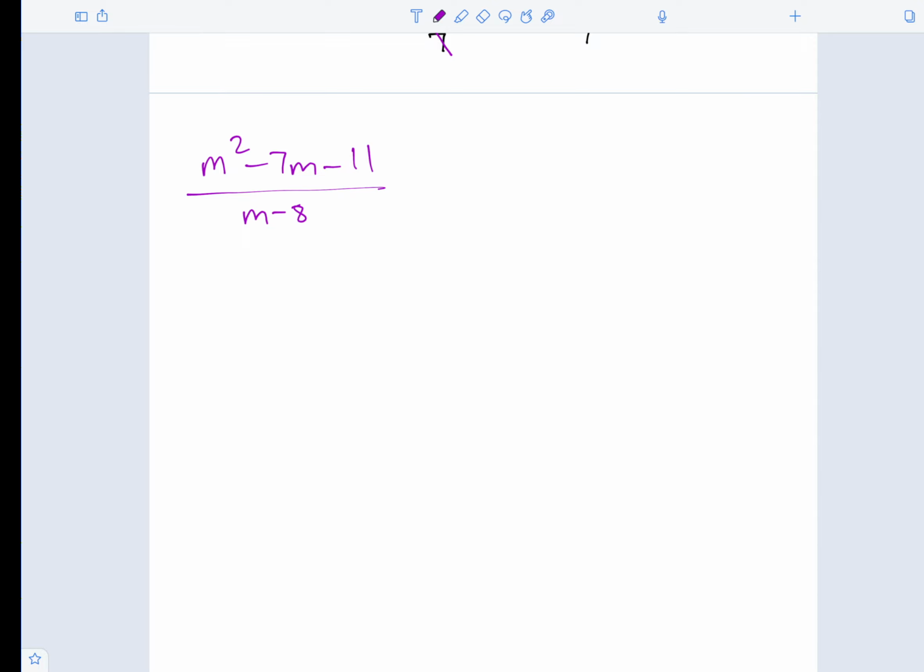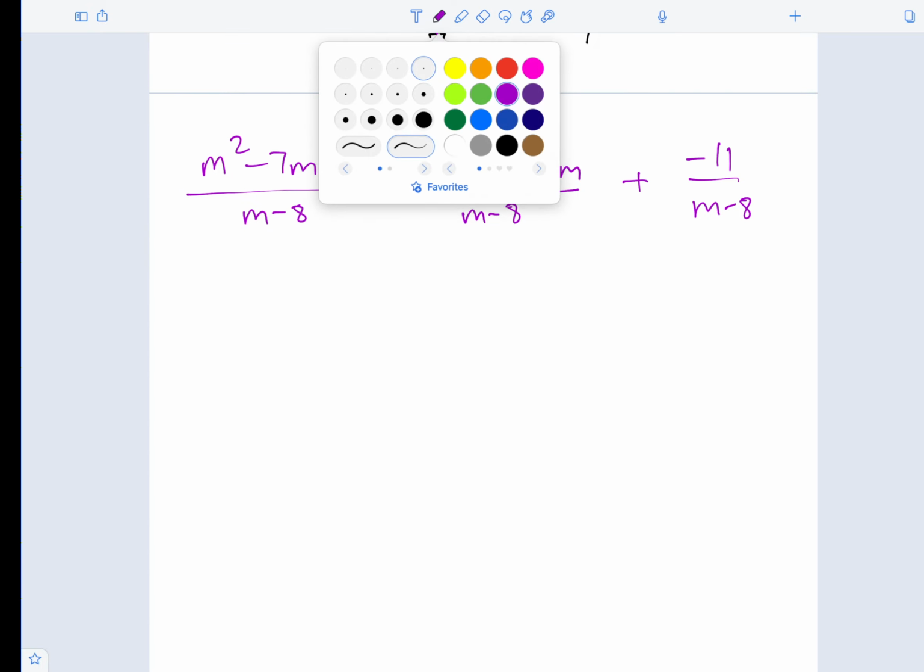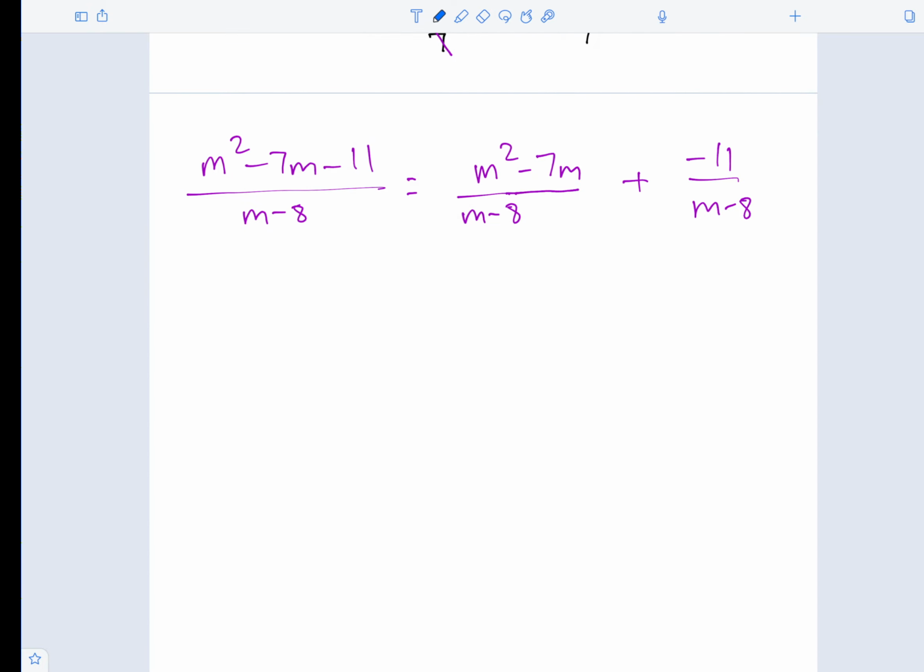So what I'm going to do here is rewrite this as m squared minus 7m over m minus 8 plus negative 11 over m minus 8.